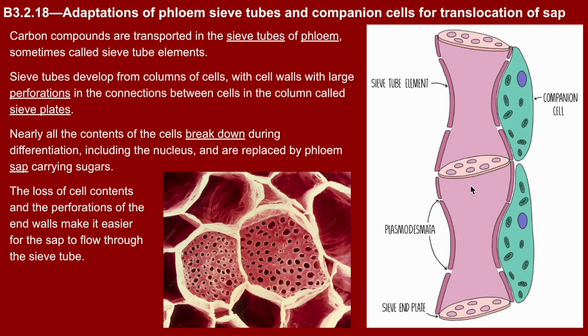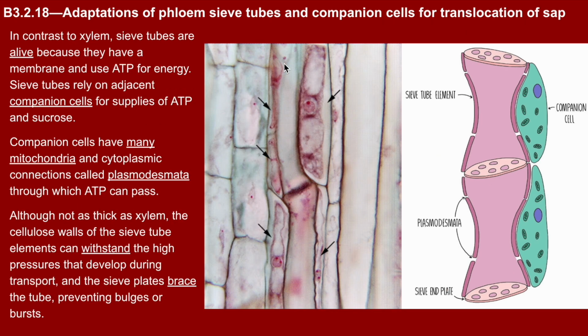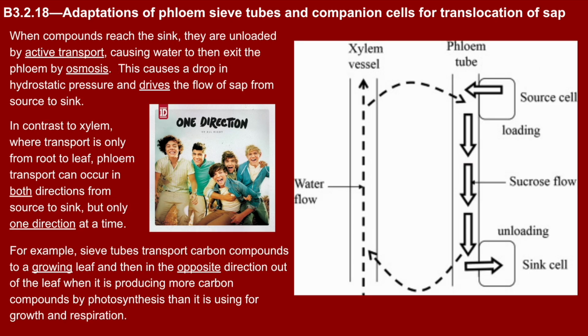So they allow for easy transport while also providing structural support. Okay, here's an actual micrograph of a couple of these sieve tube elements separated by a sieve plate. And then each of these black arrows is pointing to a helper companion cell that is helping those sieve tube elements to stay alive.